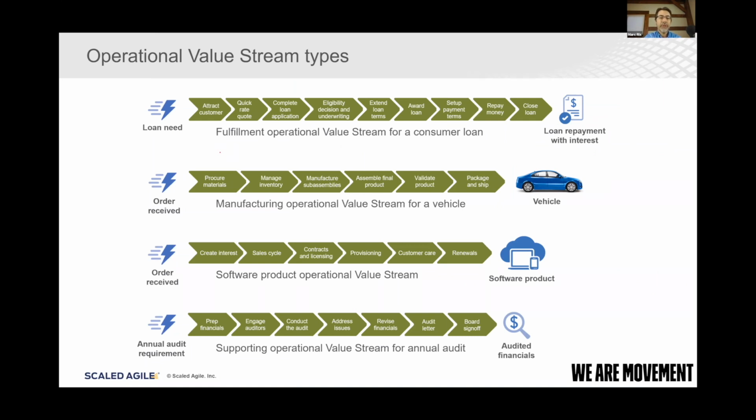So it would be helpful to know whether your business is running a fulfillment operational value stream or manufacturing value stream, software product value stream, or a supporting operational value stream. It's good as an architect at this level to know how your development value streams are connecting in with your operational value streams. That will help keep the business strategy and the technology strategy tightly linked together.